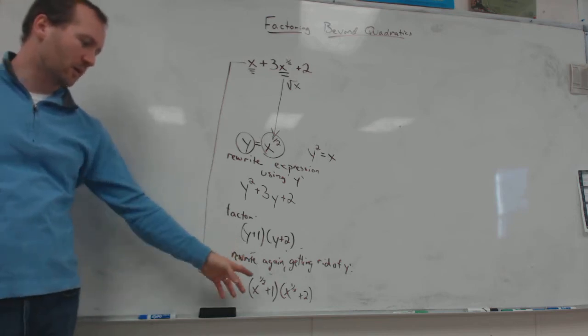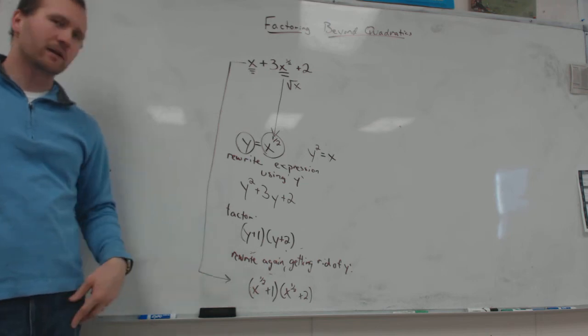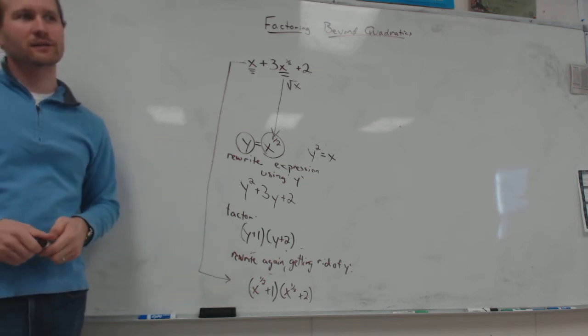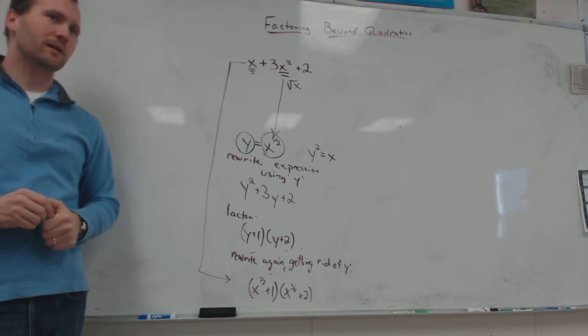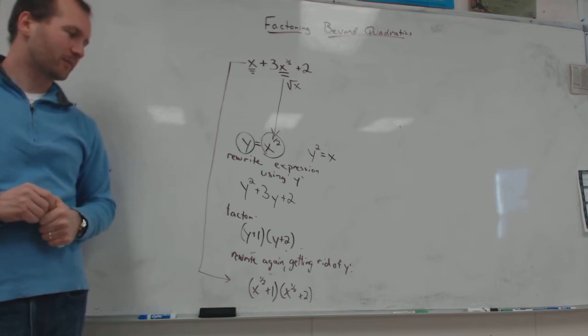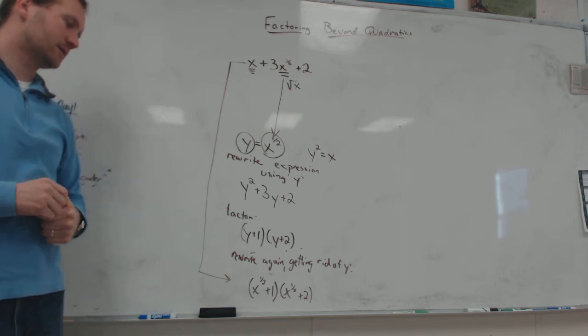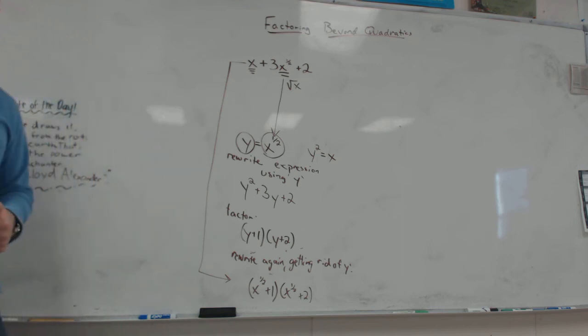Because we know the square root of 1 is going to be 1, but then there's nothing that's going to be the square root that's going to equal a negative number. So we're not going to go that far, is the answer. That gets a little bit too tricky. All right.